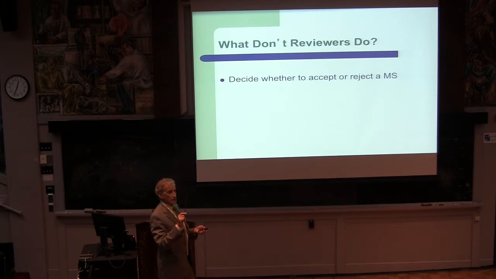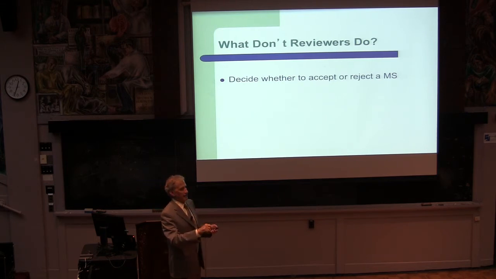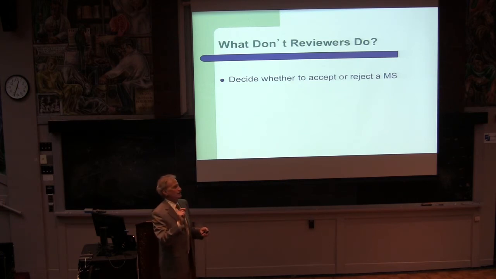So it's really important that reviewers can't nix an article, nor can they accept an article. And your job as a reviewer is to remember that what you're doing is influencing the editors. So if you think an article is really good, it's not enough to say, this is a really good article, it's revolutionary, it's going to change your understanding of the field. You need to say why. Before I saw this article, we didn't understand A, B, and C, and this article clarifies it.